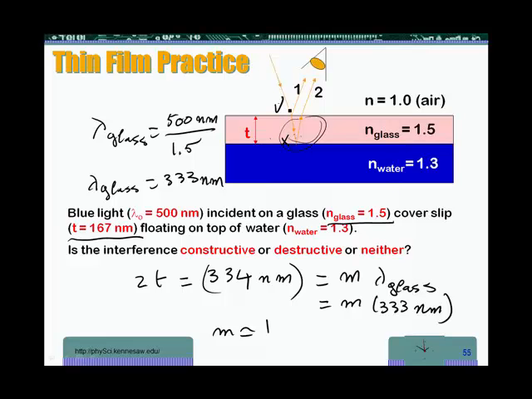Which means I have a phase change for ray 1, no phase change for ray 2, which means this condition, twice t is equal to lambda glass, is not a condition for constructive interference anymore. It is destructive interference. So in this case, we have destructive interference, meaning we will not see that light.